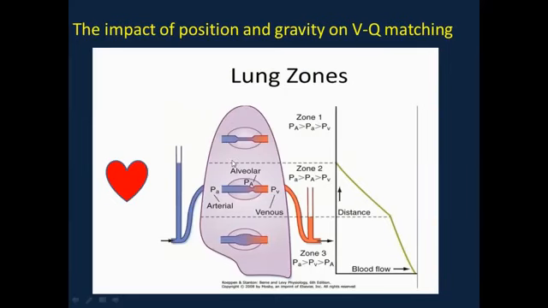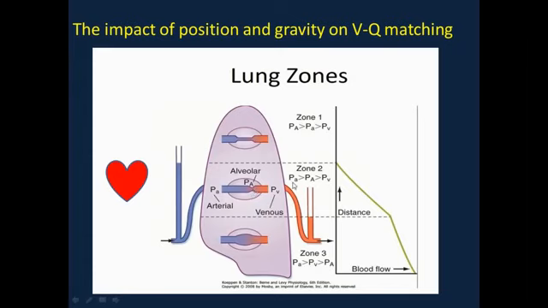So the upper part of the lung will be getting less blood, and the alveolar pressure is higher than the arterial pressure. In the middle part of the lung, the blood will be perfused during systole and stop in diastole.